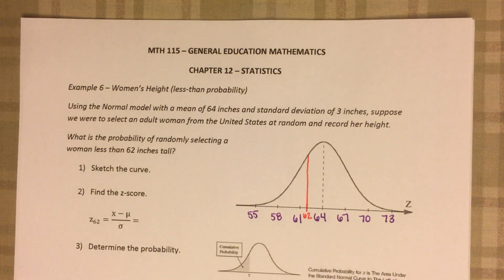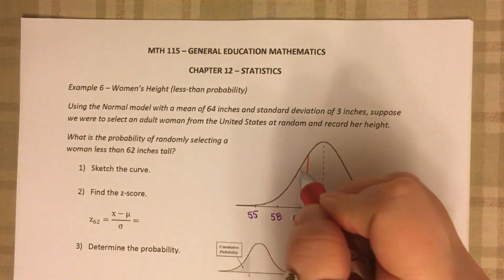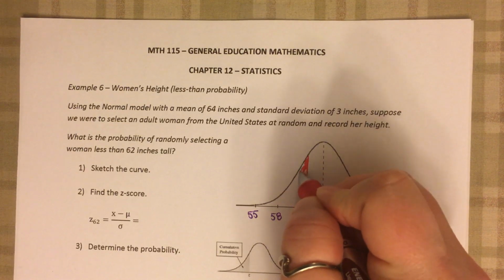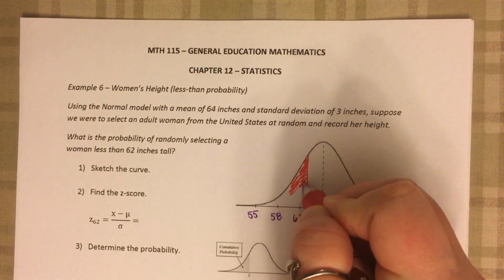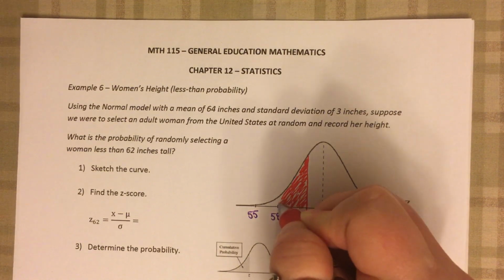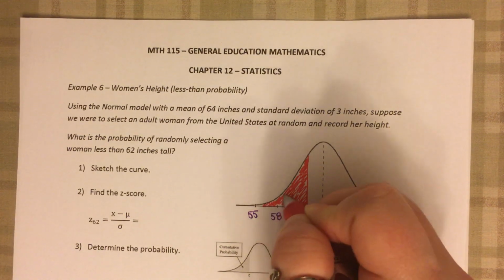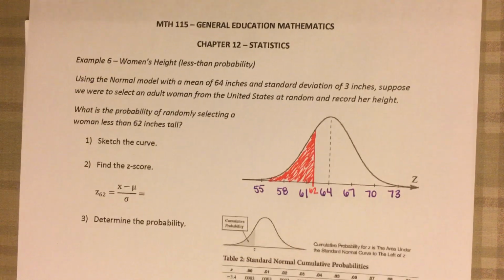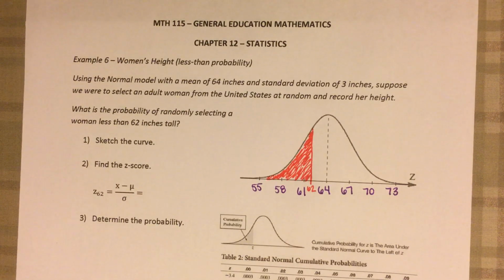Less than means we're thinking about this area, and we're going to shade this area that's to the left. So using our table, if we're shading area to the left, that's going to correspond to the value that's in our table.